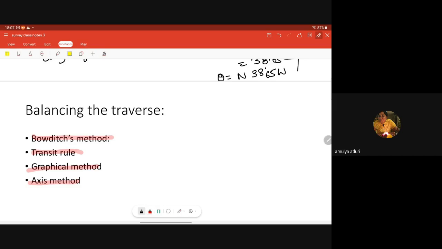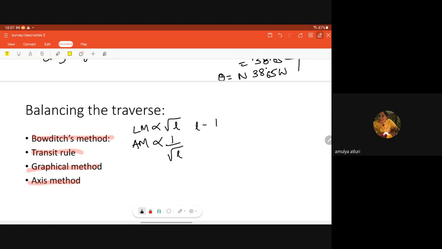In this method, the linear measurements are directly proportional to root L, and the angular measurements are inversely proportional to root L, where L is the length of traverse. L is nothing but the length of the line in traverse.